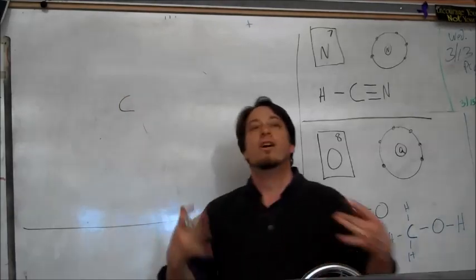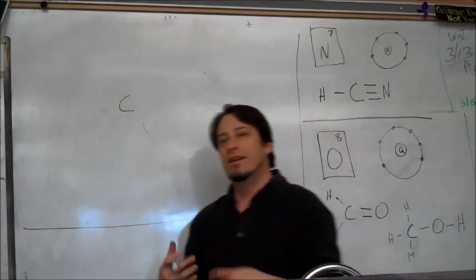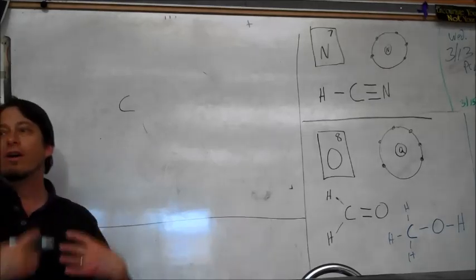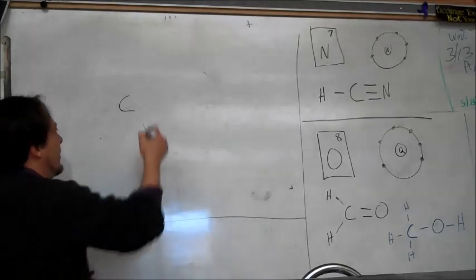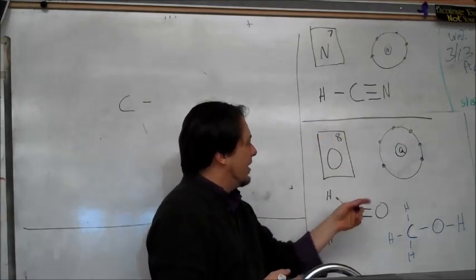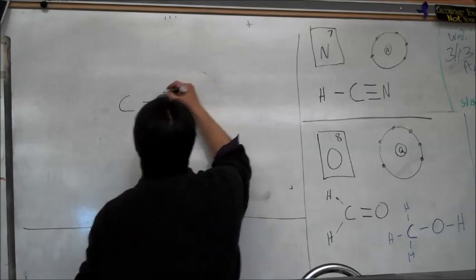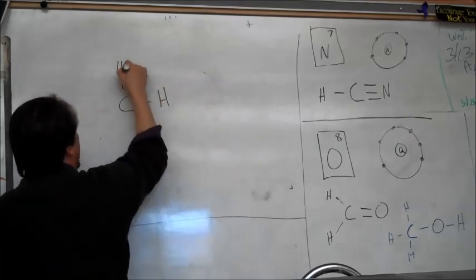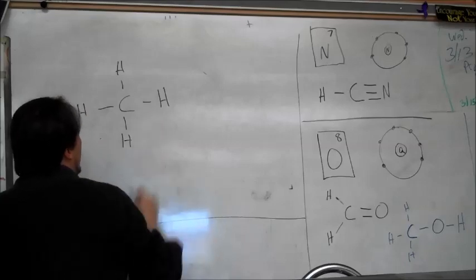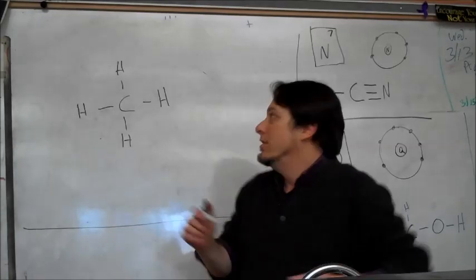And this is really where we get into why carbon is the versatile player that it is, and why carbon is the heart of living molecules, because it can make these simple small molecules. It can make CH4. I'll put up CH4 to start with, because you just saw that. But it can also bond with itself.